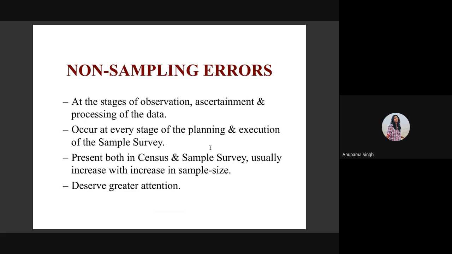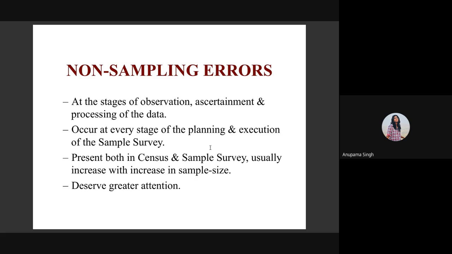So after the questionnaire is prepared, or after the whole sampling procedure is done, when the sampling survey is actually being conducted, non-sampling errors occur at that time. Non-sampling errors occur in both complete enumeration, that is censuses, and sampling. So it can happen everywhere.